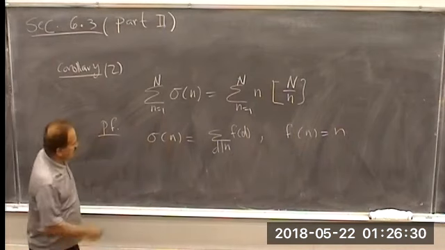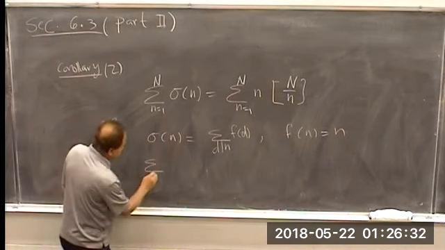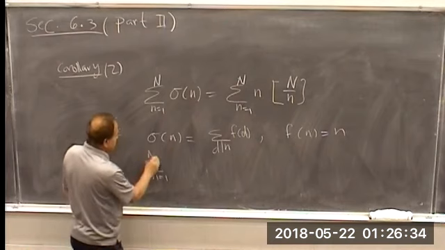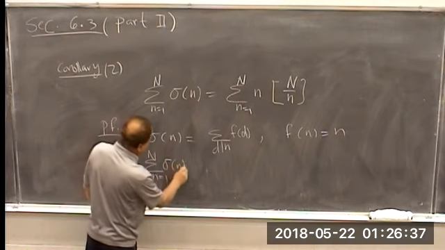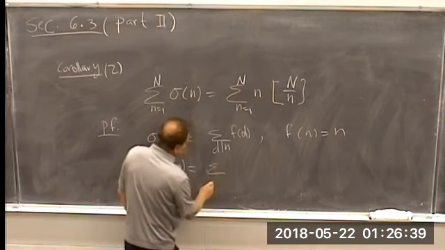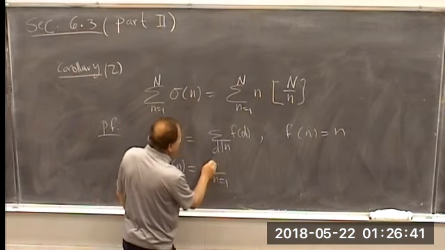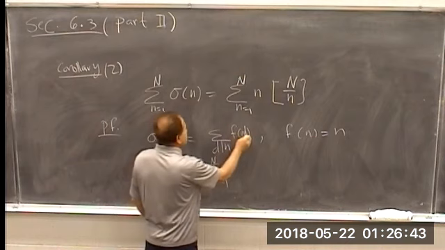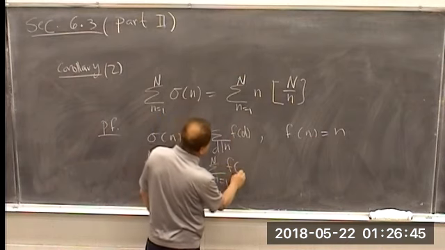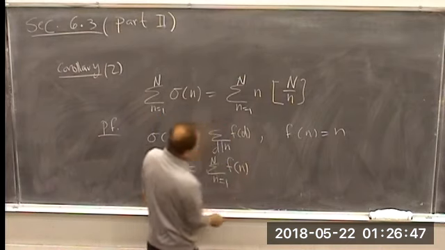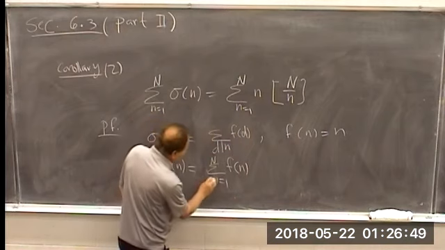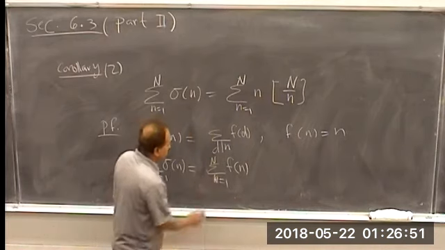So now I want to do the summation n equal 1 to capital N, and instead of f of d, we take f of k, if you want to use the same notation.